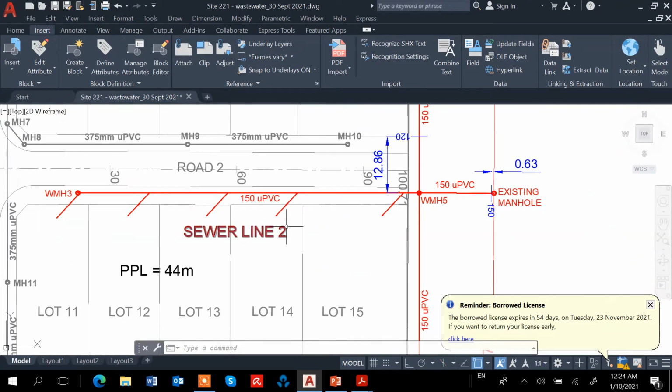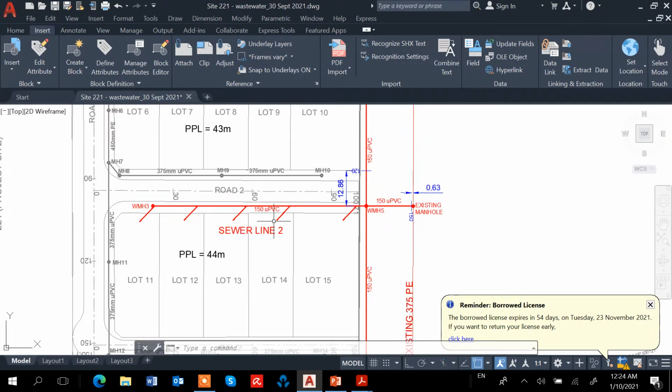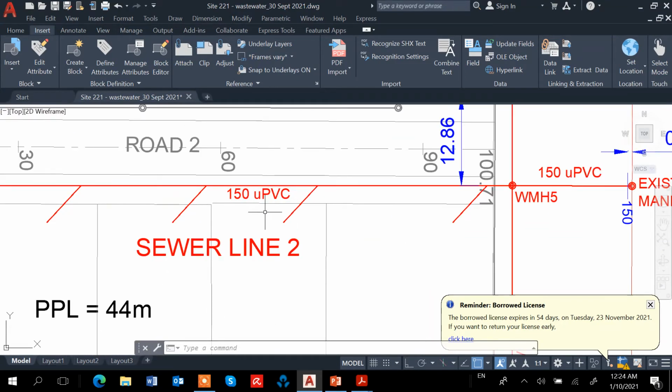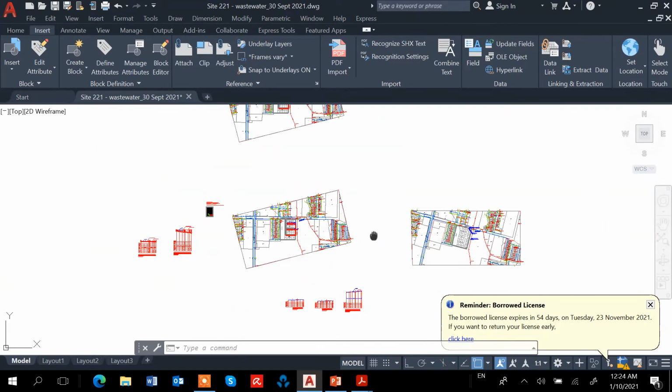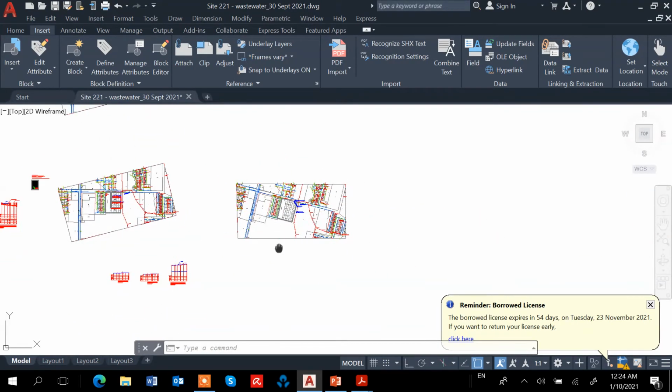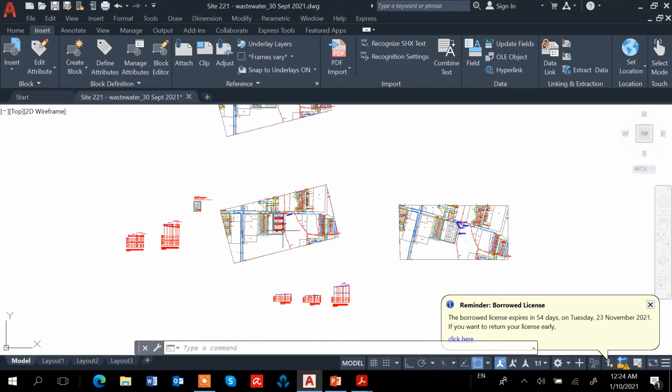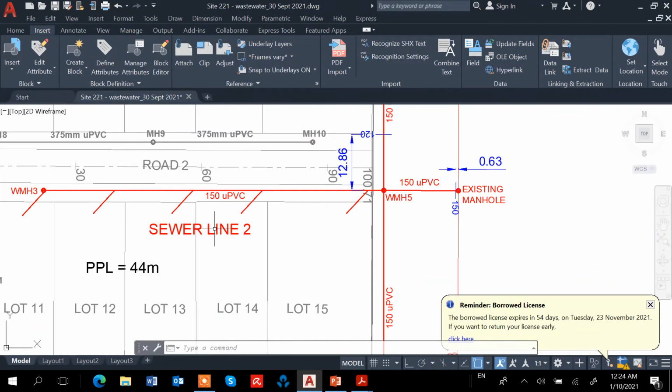Okay, so we're happy that the line is 150. Okay, 150. So actually I should have done something here.